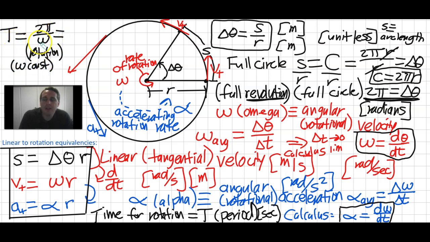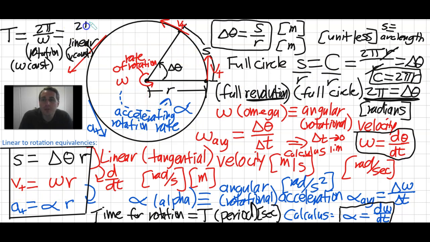Now, the period is also going to be, as long as v is constant, if you want to figure out how far to go along the outside tangent edge, in other words, in terms of linear, you could write the circumference divided by the linear velocity, because that's like distance divided by velocity.